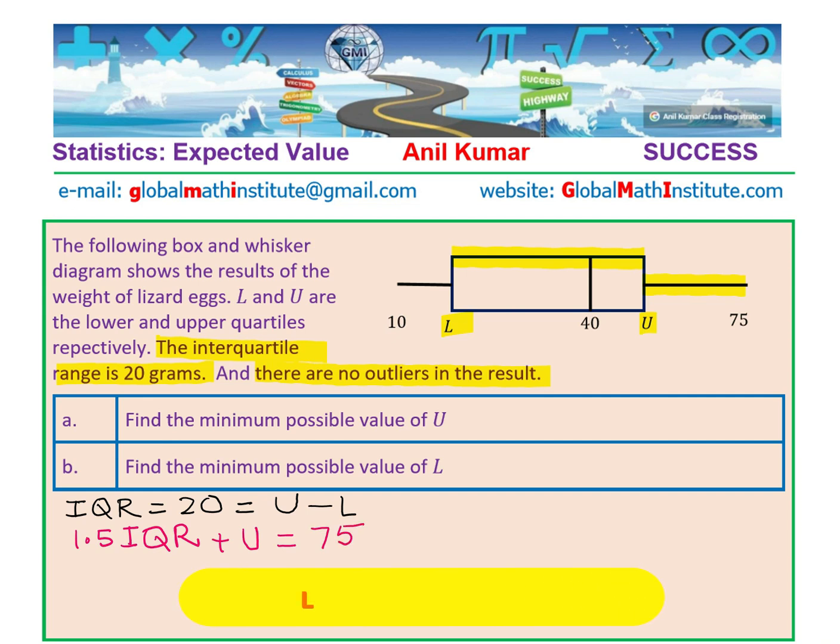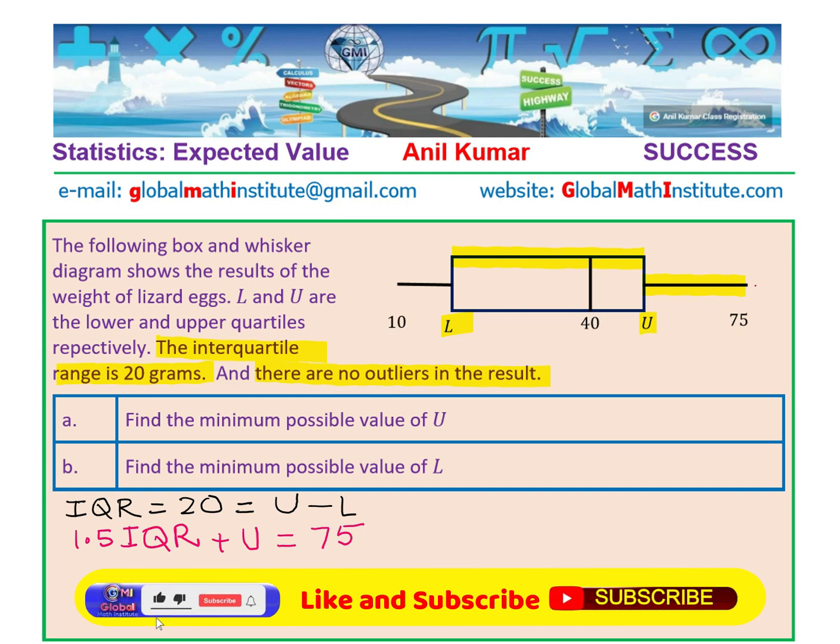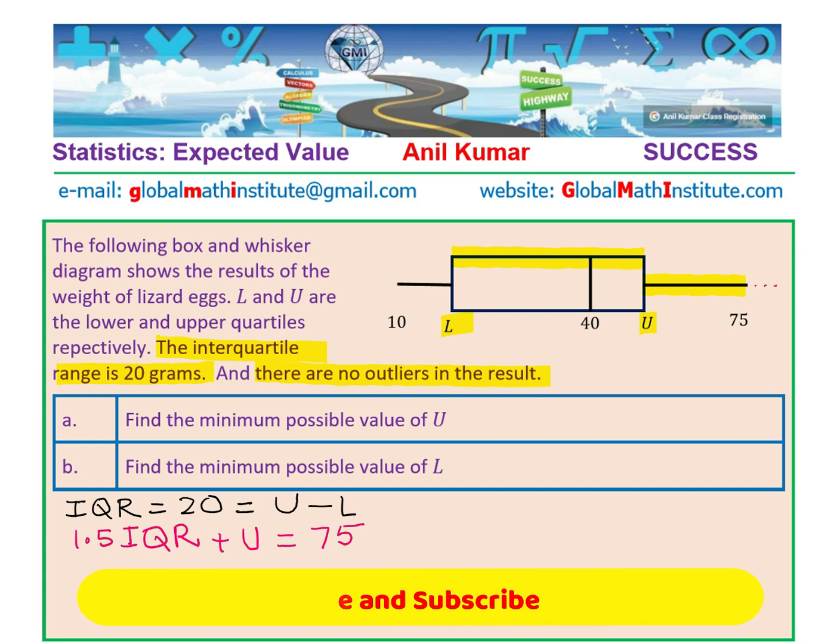Since 75 is not an outlier, there could be other points here also, which we don't know about, but we know at least 75 is not the outlier, and therefore the value of U is the minimal value which we are calculating, right?